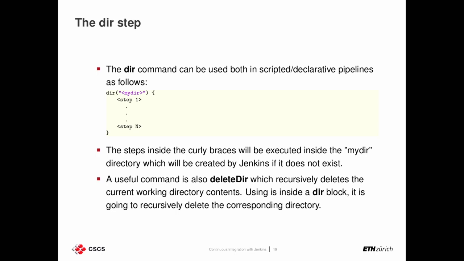If mydir is not available, then Jenkins is going to create it and execute these steps inside there. A useful command that is usually combined with dir is deleteDir, which, if it is executed inside the dir block, recursively clears this directory.